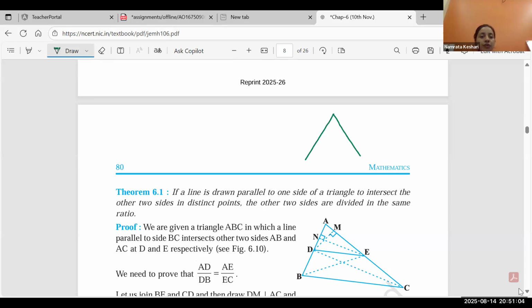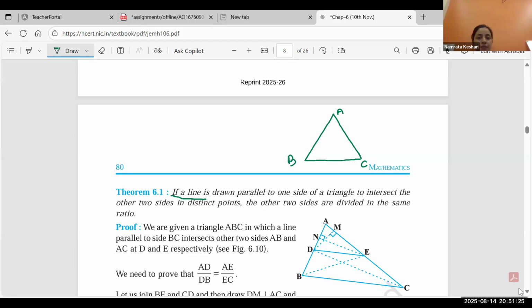Theorem 6.1: if a line is drawn parallel to one side of a triangle, let's say triangle ABC, how many sides are there? AB, BC, CA.